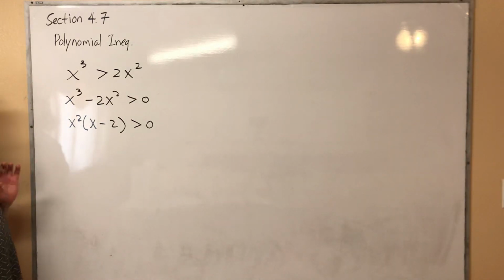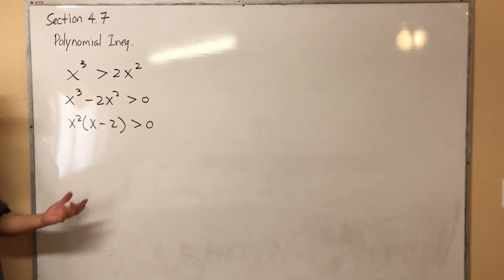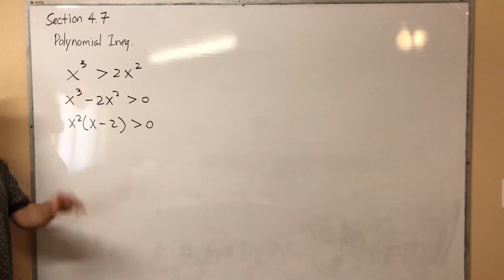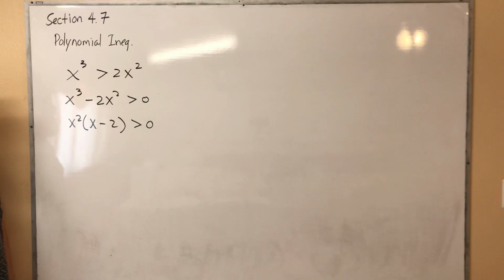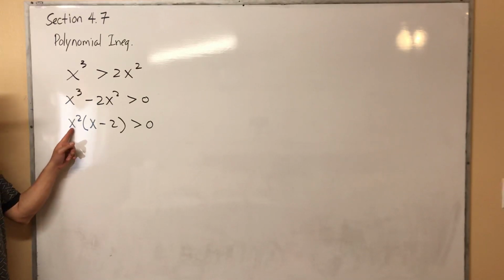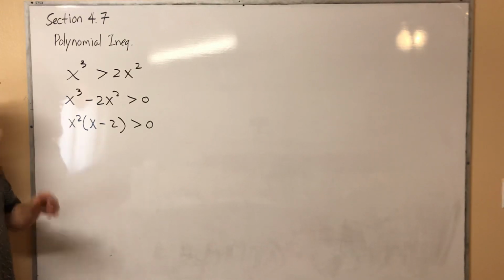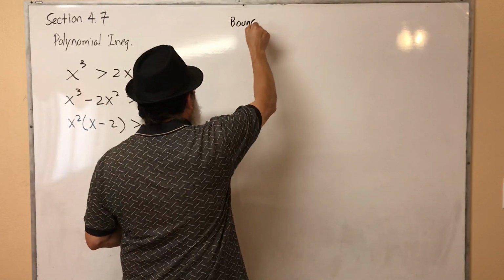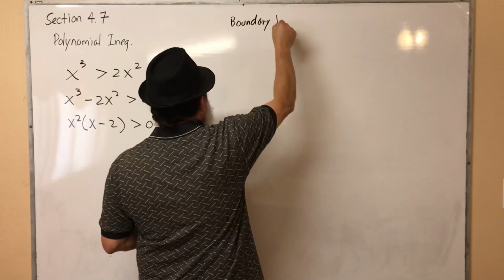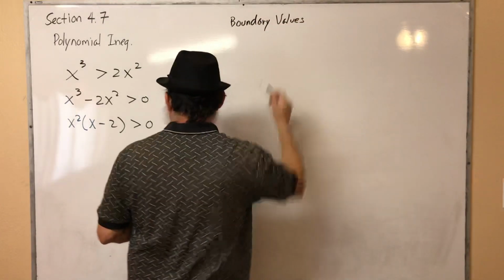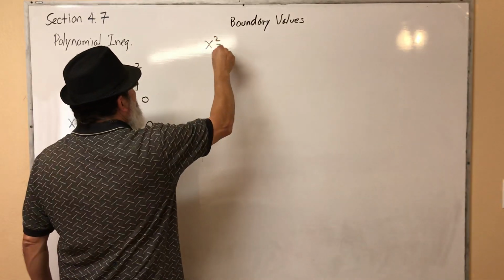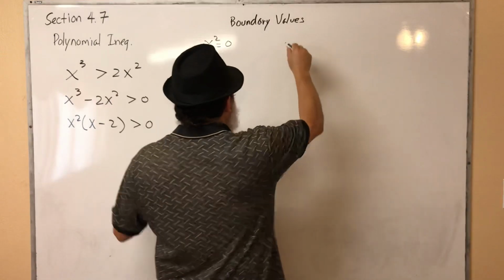You're going to find the boundary values. The boundary values are all those values that make this left-hand side equal to 0. Okay? So you're going to set each factor equal to 0. So the boundary values, boundary. Set the first factor equal to 0. And set the second factor equal to 0.